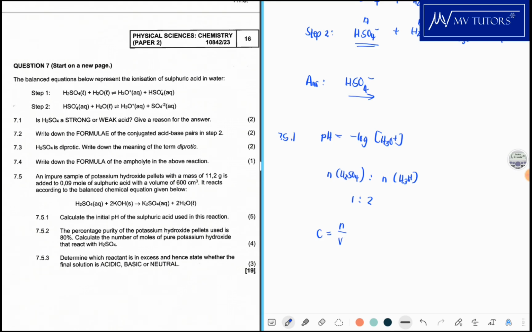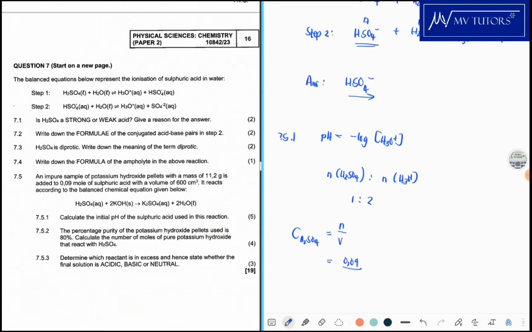In this case, we have 0.09 mole. So the concentration of H2SO4 would be 0.09 divided by the volume, which is 600 cubic centimeters.